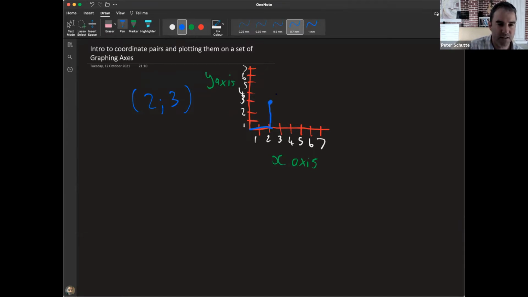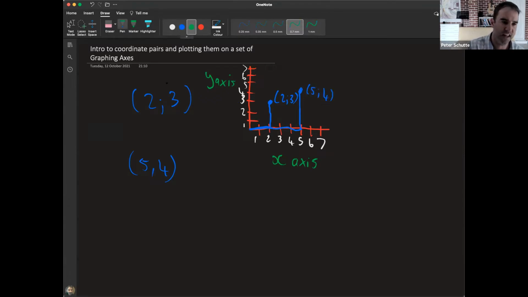And the point over here is called the point 2:3. Now, if I had to say where is the point 5,4, it wouldn't be at the same place. The point 5,4 would be going 5 across and 4 up. And so that would be that point over there.